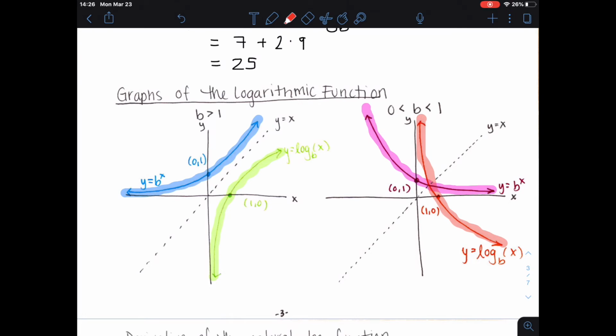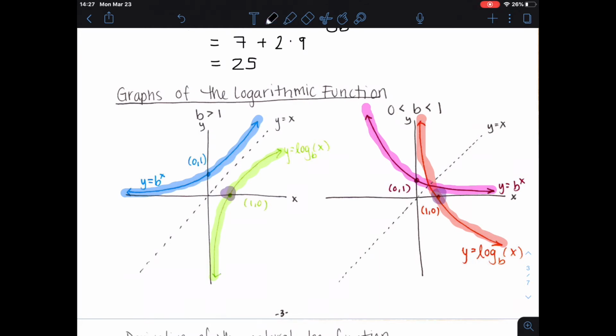So both of these are going to have the same x-intercept. So they intercept the x-axis at 1, 0. The domain is from negative infinity to positive infinity. Or sorry, the range is from negative infinity to positive infinity, and the domain is from 0 to infinity, because that's the reverse of that exponential function.